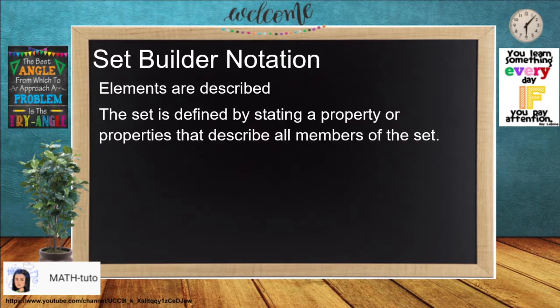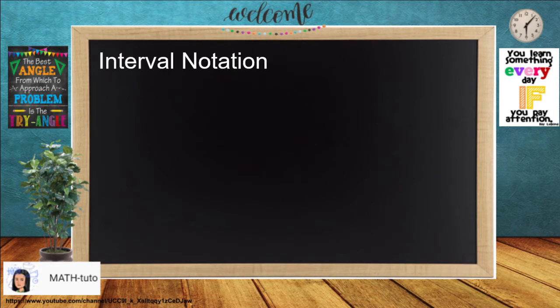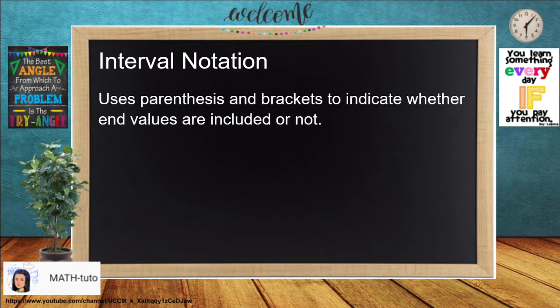Okay, let's continue. Doon naman tayo sa interval notation. So, in writing solution set in interval notation, we use parentheses and brackets to indicate whether end values are included or not. But ano yung ibig sabihin ng included or not? So, 'di ba, in the inequality symbol, we have greater than and greater than or equal to. Anong pinagkaiba ng dalawa?